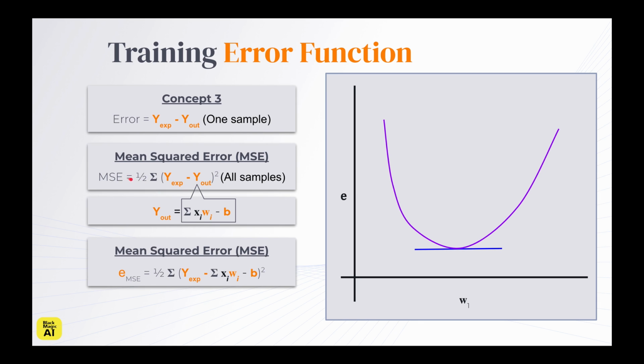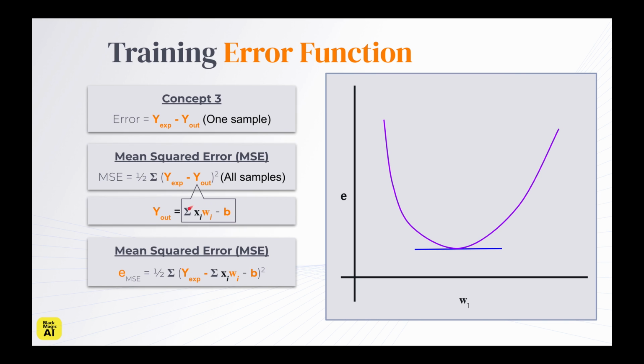Now, if you look at our mean squared error, you see that nowhere does it show any relationship with the weight values, but that's what we need. We need this purple curve, something that gives us the error and the relationship with the weights in our network. How do we derive an expression for the mean squared error and the weights? Instead of subtracting a particular value from the actual output, we replace it with the Perceptron's output function, which is here.